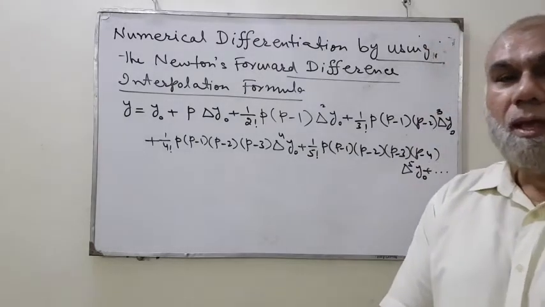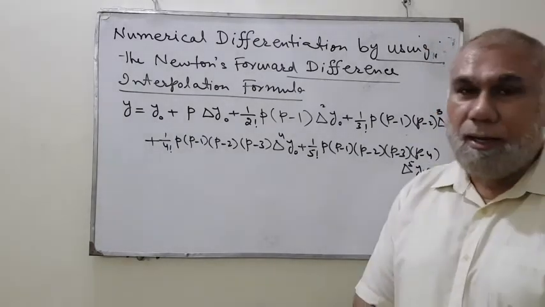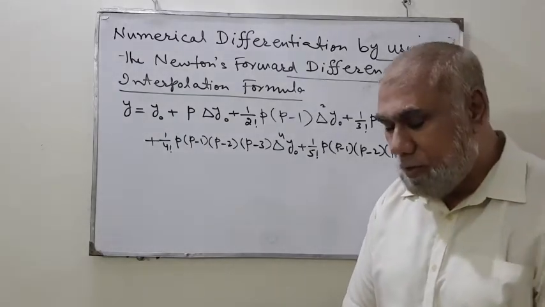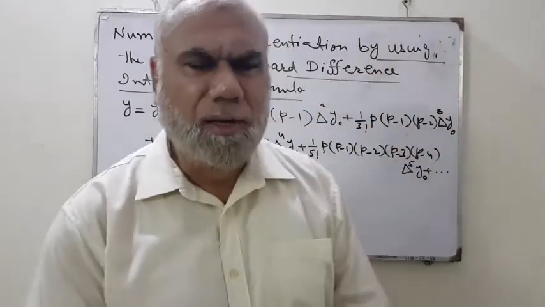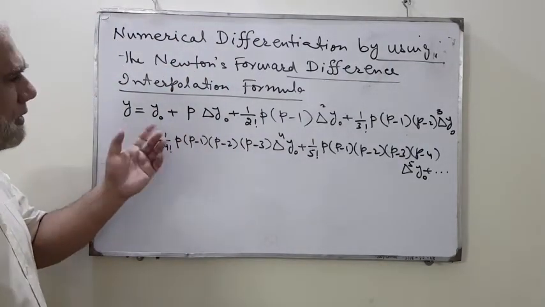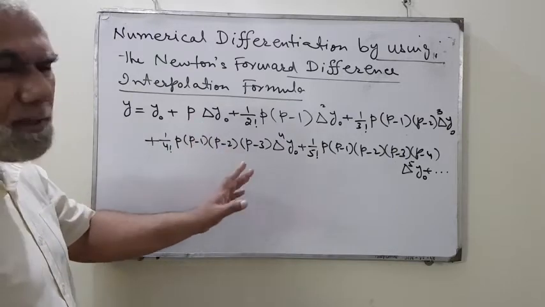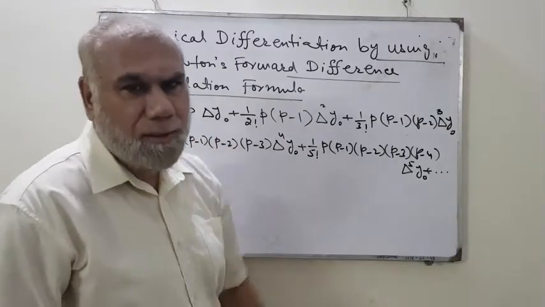We similarly derived a formula for the backward difference interpolation, and there was only a slight difference in the notations of y0s as well as the operator and the minus sign. Otherwise everything is the same.